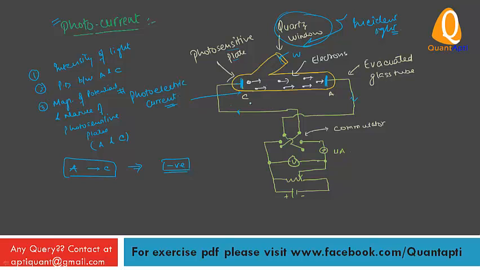If the potential becomes negative, that is known as cutoff voltage, also known as stopping potential. If the potential becomes negative to this value, the photocurrent becomes 0. We will discuss this in our next section.